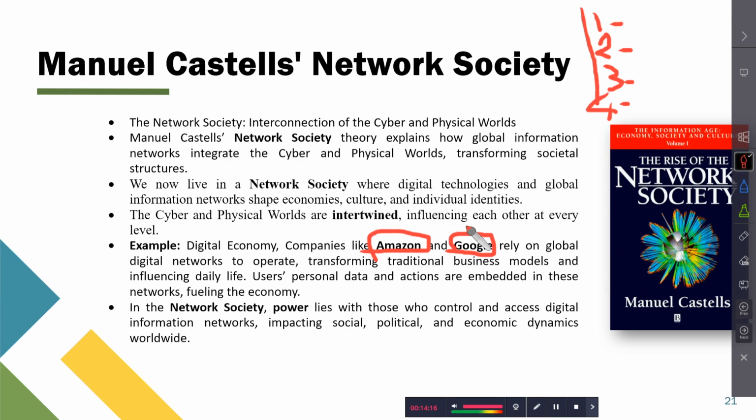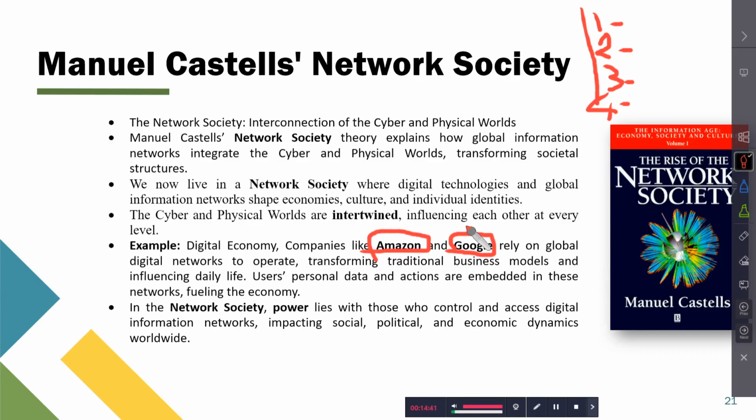Another point is that network society theory highlights the importance of access to technology and digital techniques, raising questions about equality in AI development and deployment.